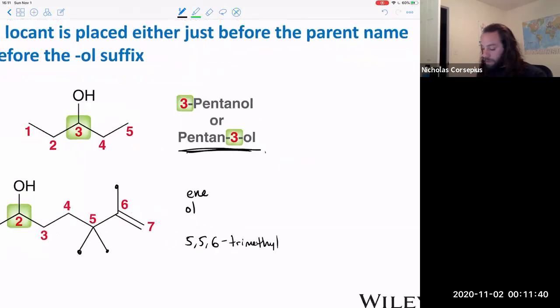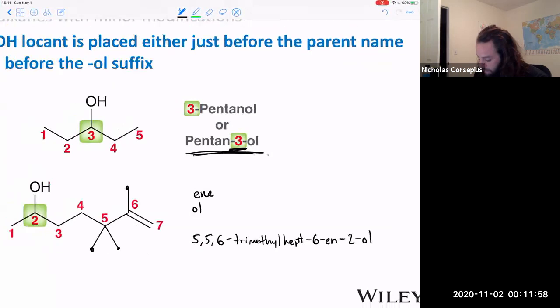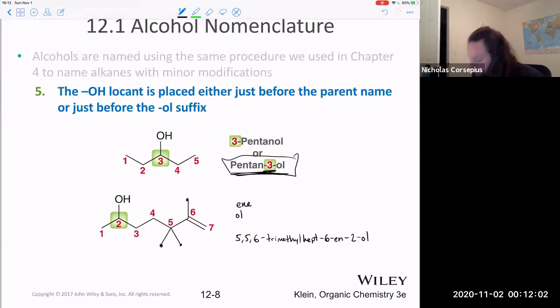But then when we're going to include both of these suffixes, we're going to indicate where they are in this fashion over here. So this would be hept-6-en-2-ol.